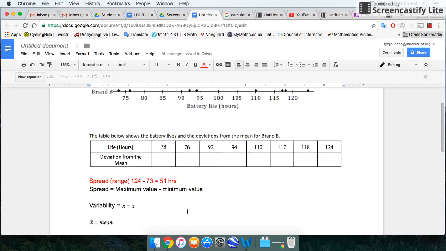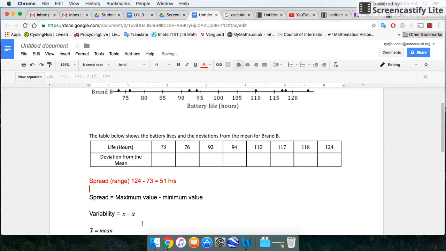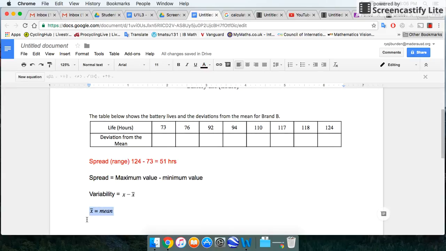Next, we have to calculate the variability. But in order for us to calculate the variability, we first have to calculate the mean. And remember, the mean is x with the bar.